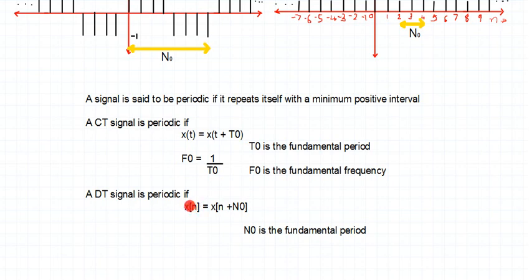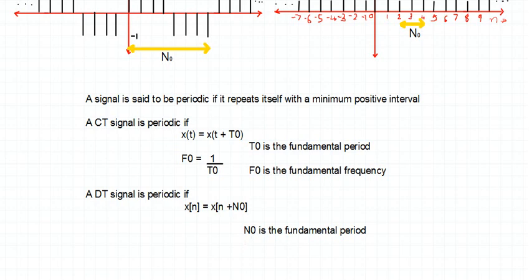If this is true, definitely the signal has to be periodic. N naught here is the fundamental period of the DT signal. So this is about the periodic signal. Every periodic signal has a certain positive interval after which we see the repetition, and this is called the fundamental period of the signal.